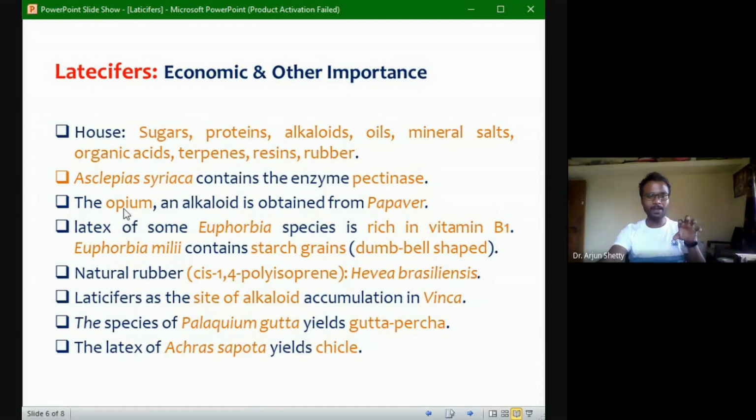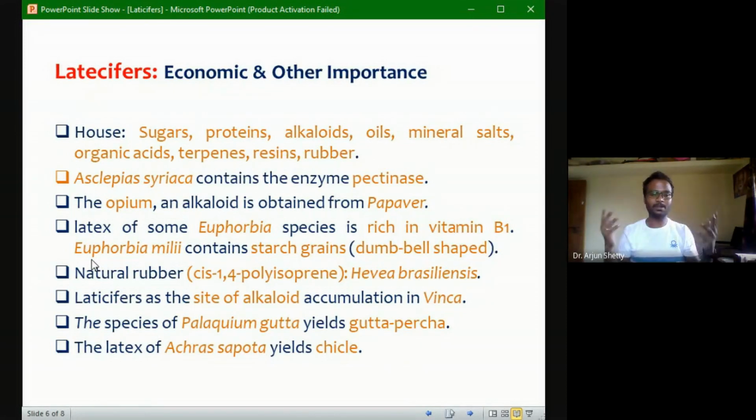Opium is a medicinally important alkaloid obtained from Papaver. Have you heard that the latex of Papaver contains rich vitamin B1? In Euphorbia milii, the important feature is that the starch grains are dumbbell shaped.